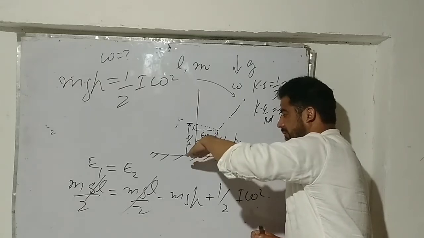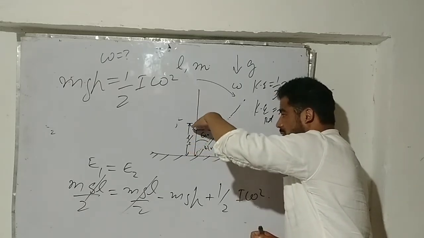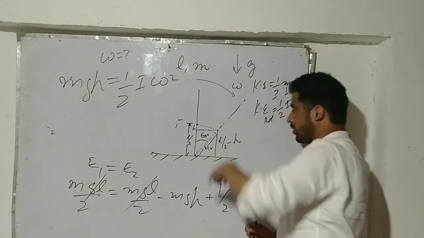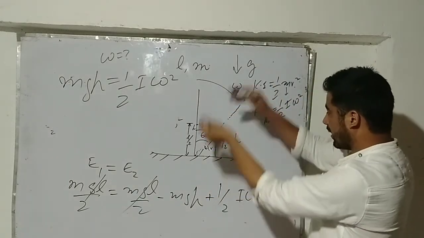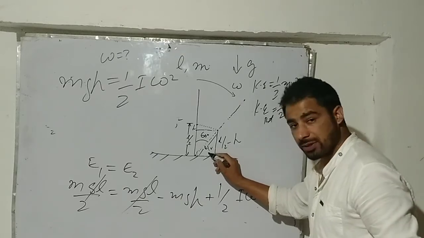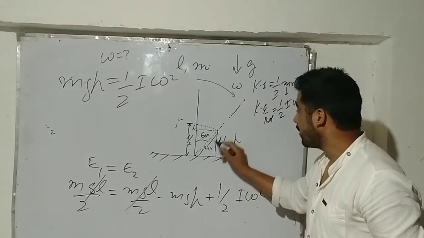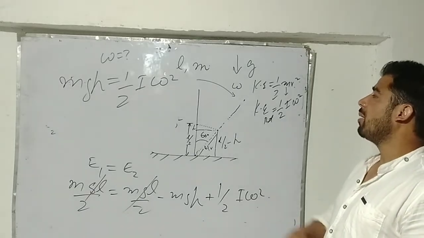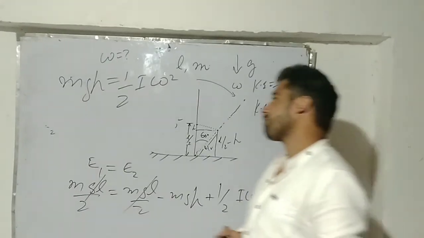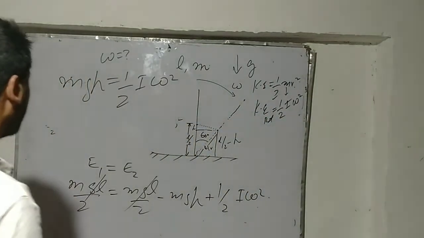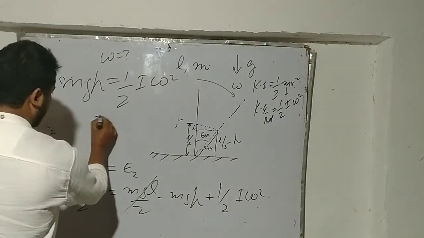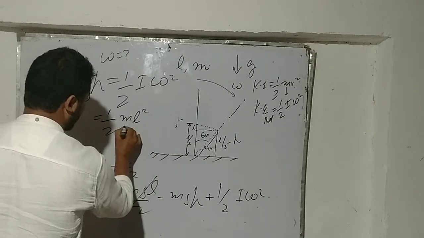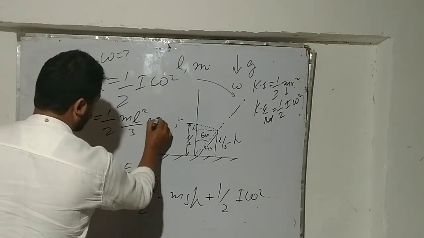I will draw one more axis here, perpendicular to it, and we have the two parallel axes. I have the distance L/2, mass is given. At the center point of the rod, my moment of inertia is known, so I can directly use that result, mL²/3 times ω².